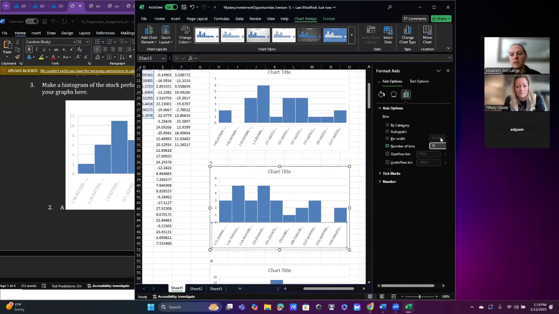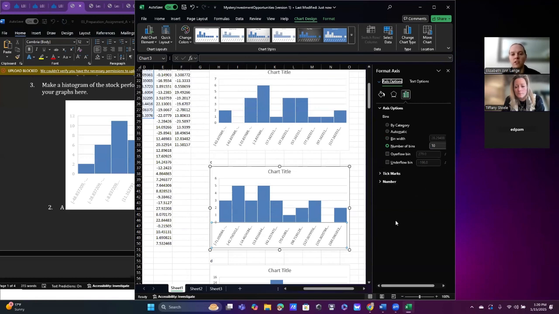And then bin width at 30. See, that's weird, mine still looks different. Maybe I won't mess with the bin width because it seems to just change things.